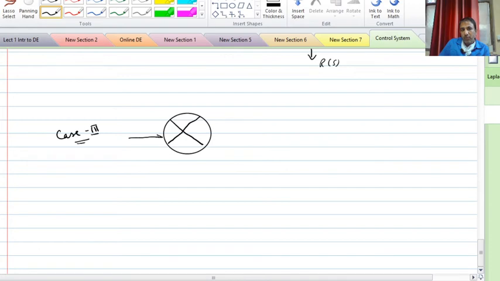Let us suppose this is a summing box here, plus minus, this is your Rs and this is your Cs, and here we have added another signal X1s. So what is the value of Cs?